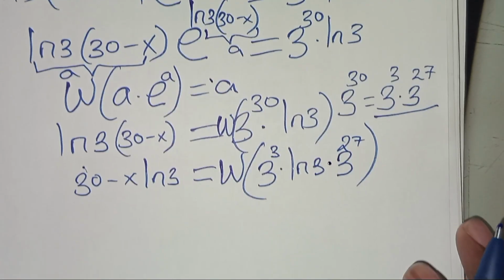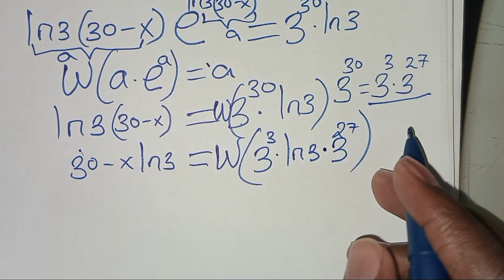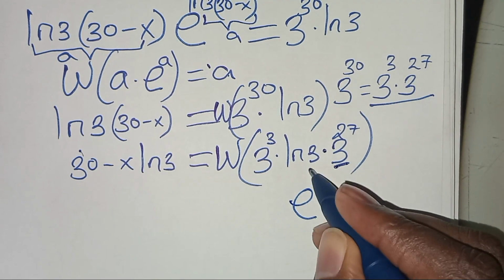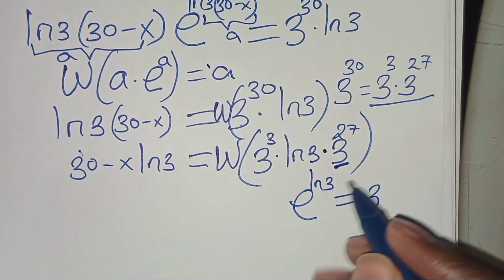Now from what we have here, we can express 3 as e to the power of natural log 3, this is the same thing as 3. So let's substitute this.